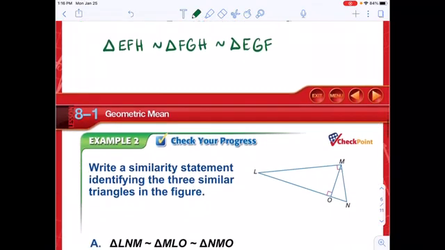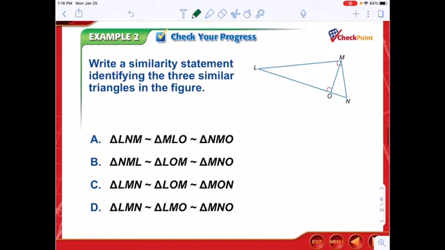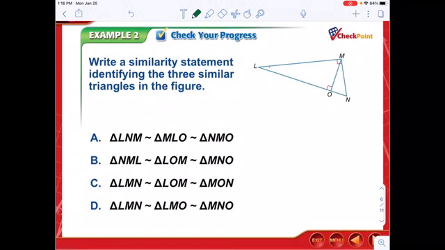So write a similarity statement identifying the three similar triangles in the figure. Once again, you can give some arbitrary numbers. You can say this is 30, that means this has to be 60. That has to be 30, this has to be 60. Let's match them up. We have some 90s here and a 90 here. So L and M would be 30, 60, 90.